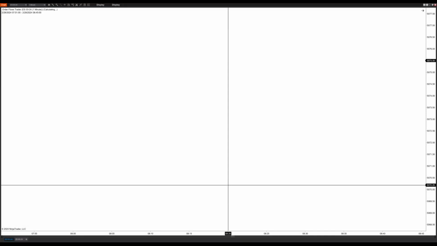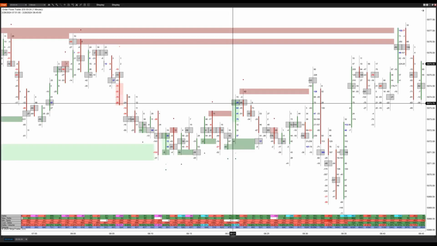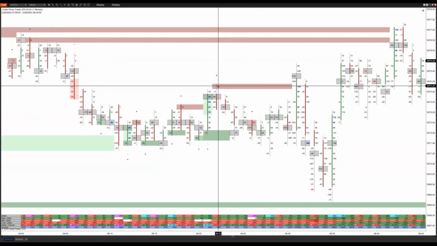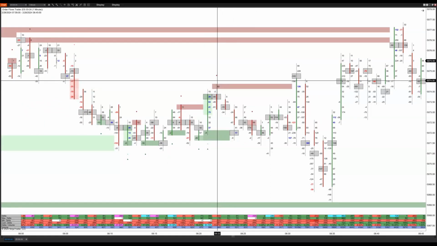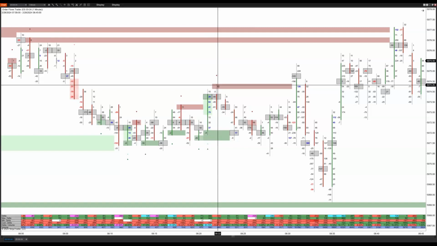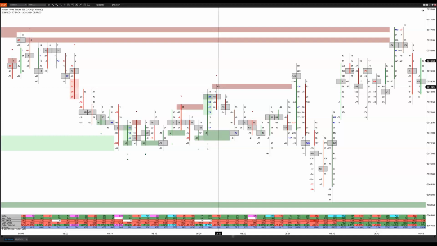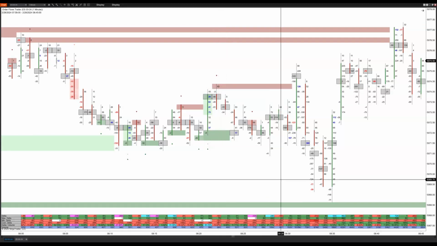So the delta footprint looks at delta on the bid and the offer, right? So you can see here, this is positive delta, this is negative delta. So it tells me this is a delta tail. It's coming in at the top. It's a red candle. So what's happened is aggressive buying is being absorbed. It's a sign of near-term absorption, okay?